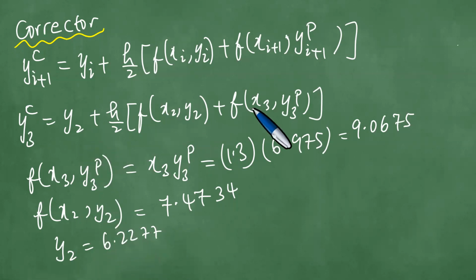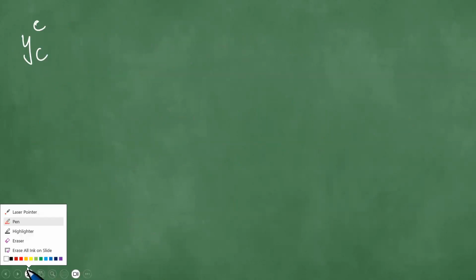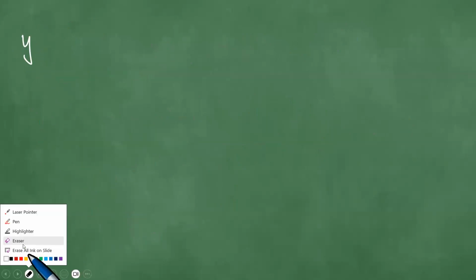So we got everything now, and we can get y3 of the corrector.